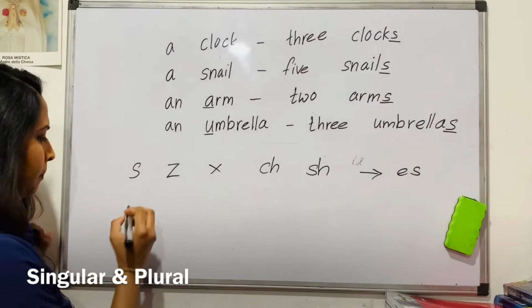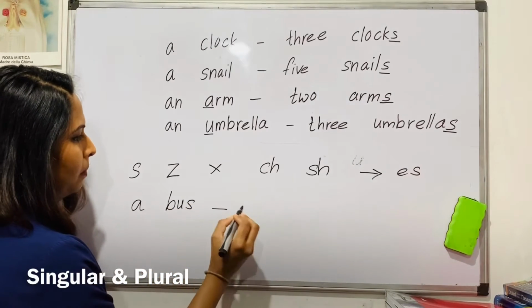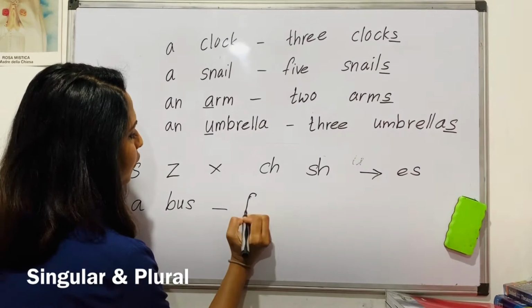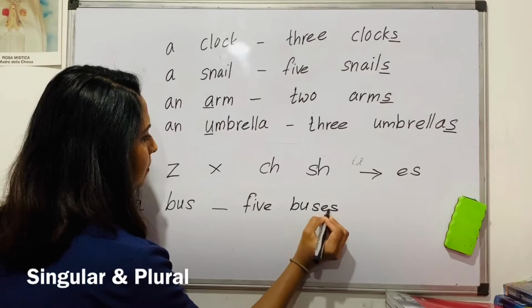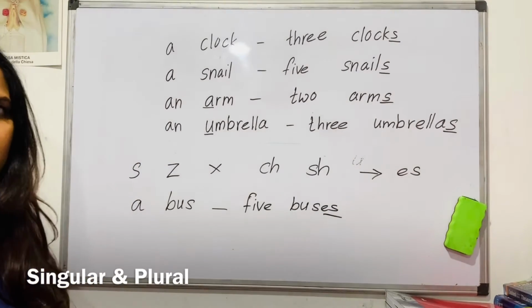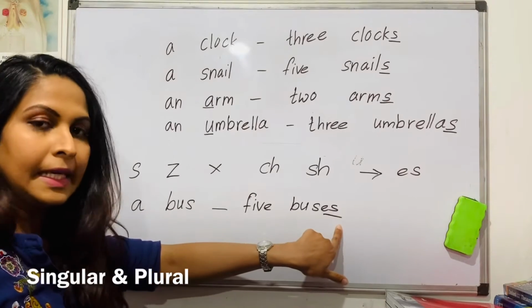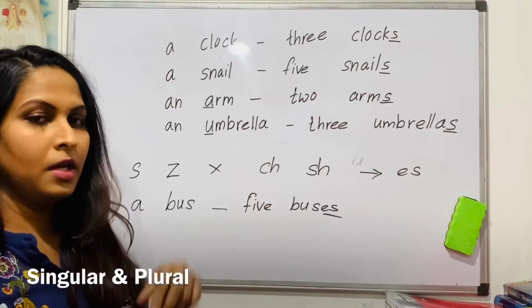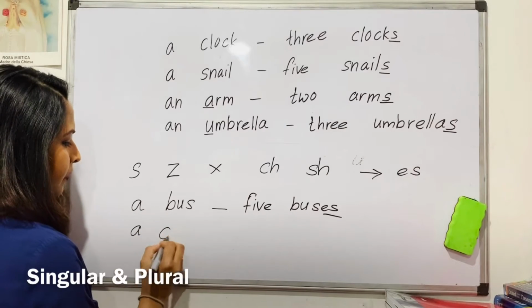For example, a bus becomes 5 buses. At that time, we add ES, but not only S. And also a church.